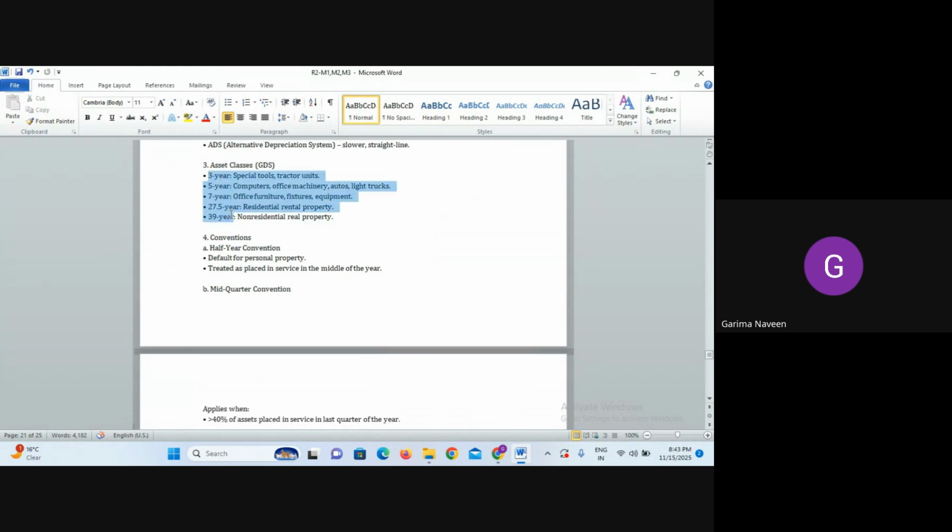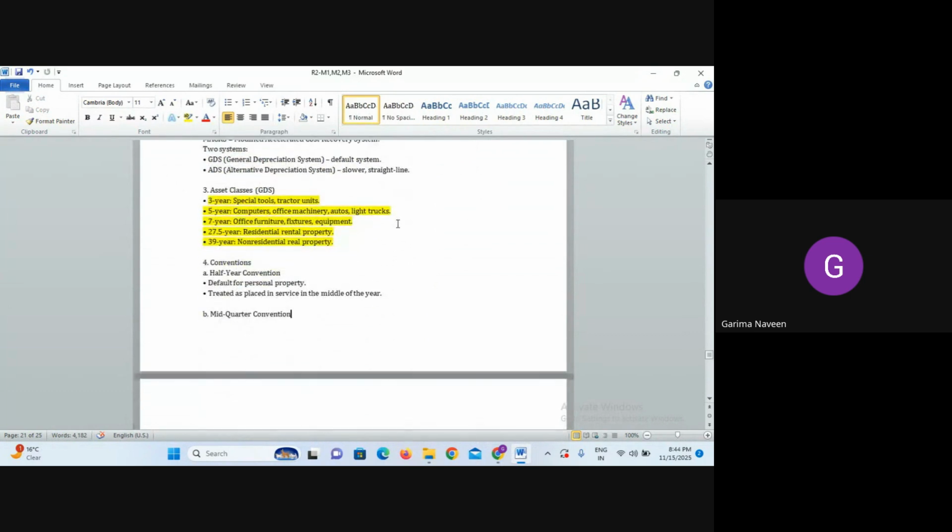These years you have to remember because it can be asked in a simulation. Definitely from this topic a simulation usually comes, in which you are given some kind of asset.